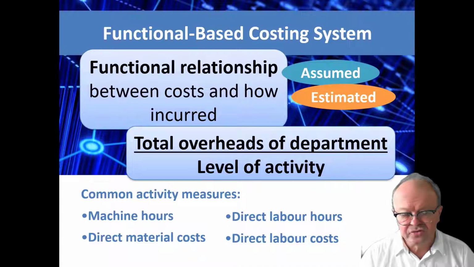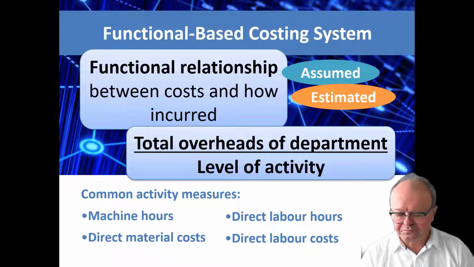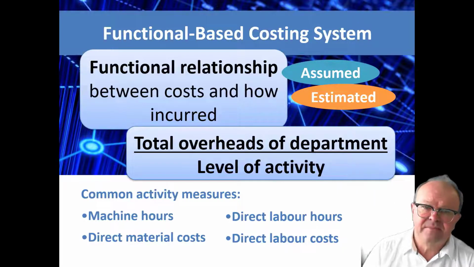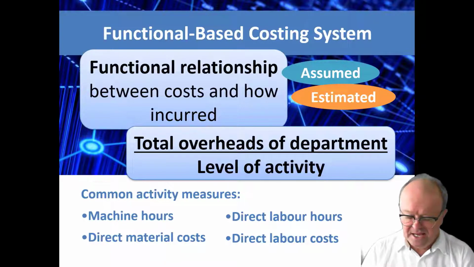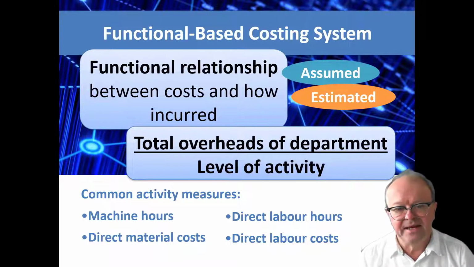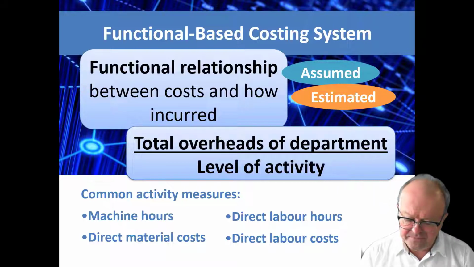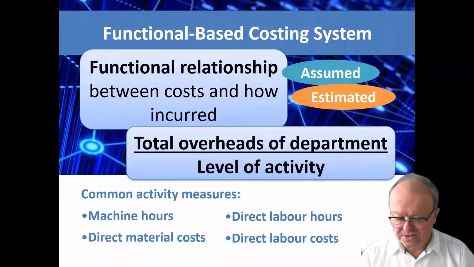And the total direct labour hours, one of those activity measures, may be 10,000 hours in whatever period we're looking at. So we divide 500,000 by 10,000 to get $50. And so $50 per labour hour that we use.